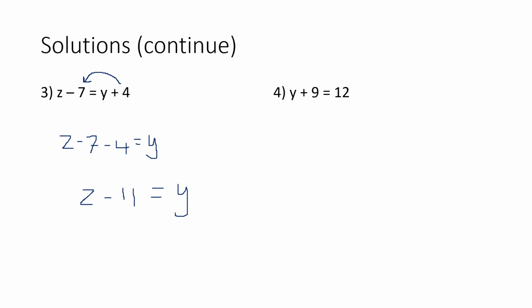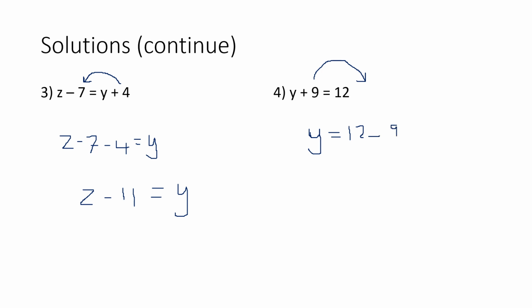Good. And last but not least, we have number 4, y plus 9 is equal to 12. Again, I just want to get rid of the 9 because I want y to be the subject. So that will leave me with y is equal to, when I bring over the 9, I have 12 minus 9.